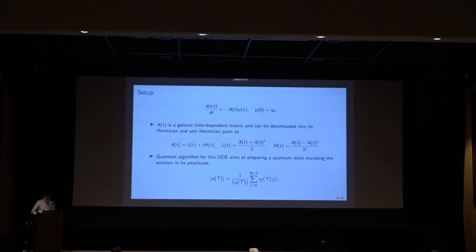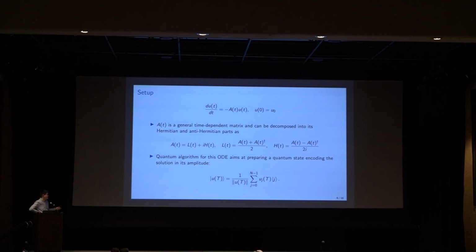Now I would like to set up the model that I'm interested in. The problem that we will discuss today is mainly this general differential equation. We have a time-dependent matrix negative A of t, and for this A of t, I do not assume anything else. I just assume this to be a matrix. If we make A of t quite general, then the dynamics can be non-unitary. But even for a general matrix, I can always write it as a decomposition into its Hermitian part and anti-Hermitian part.